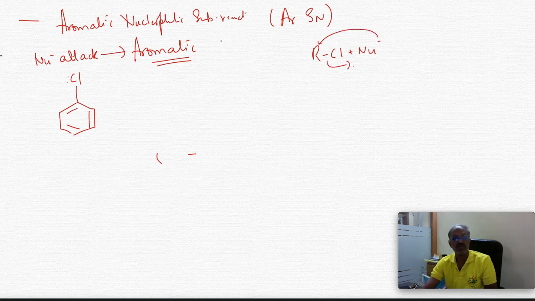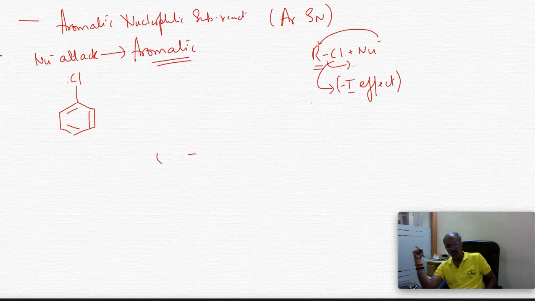That was the scenario in aliphatic compounds in a straight chain. But when it comes to a ring, here the Cl was minus I. Chlorine shows minus I effect in aliphatic. Minus I means minus inductive effect, pulling electrons towards itself. Now I think you're well versed with these things.